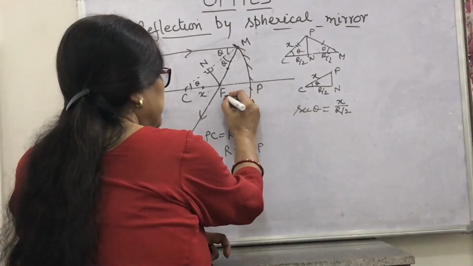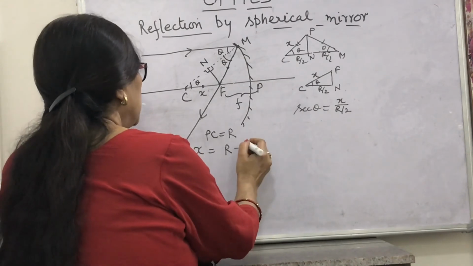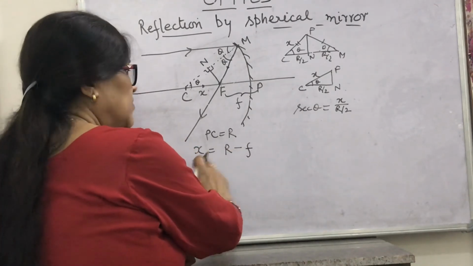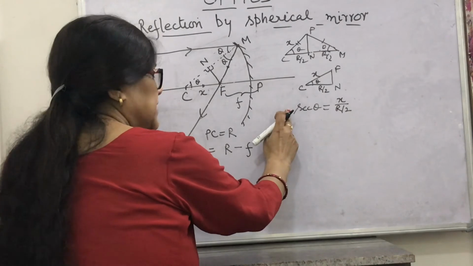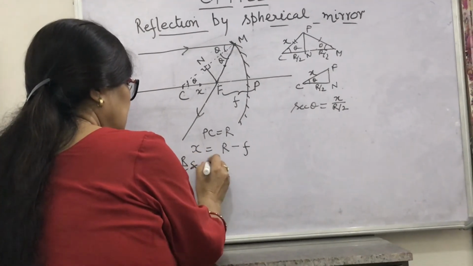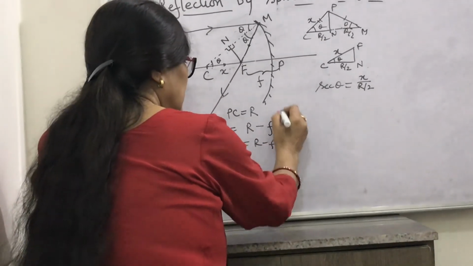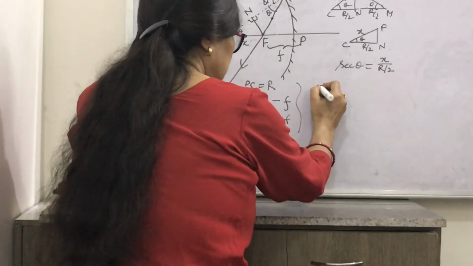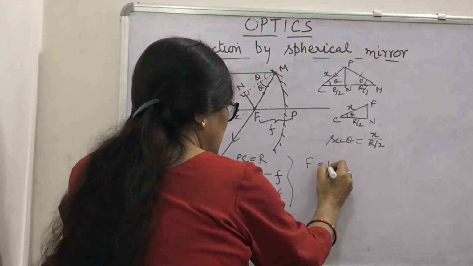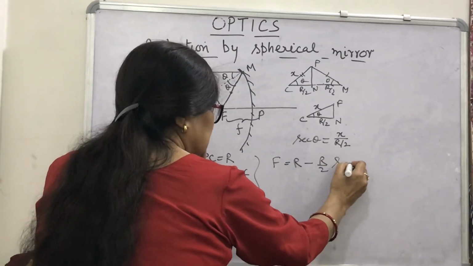Now this FP is, suppose F, then you write here X equal to R minus F. What is X? You can write R by 2 sec theta. So you put here R by 2 sec theta and this will be equal to R minus F. This implies that F equal to R minus R by 2 sec theta.